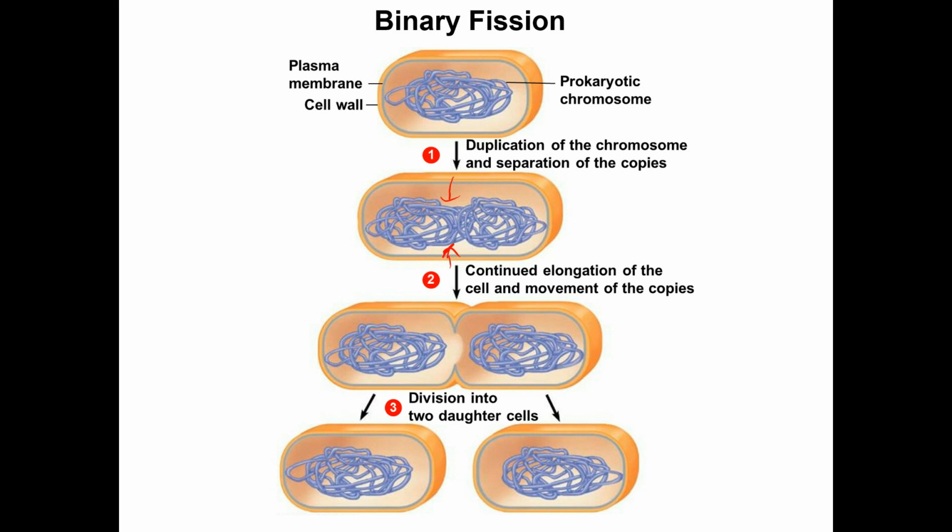This contractile ring structure is similar to, but not the same as, the actin contractile ring used in the formation of a cleavage furrow in animal cell cytokinesis. Here your two daughter bacterial cells are going to be separated from one another, and they have their own individual chromosome that is identical to that of the parent.